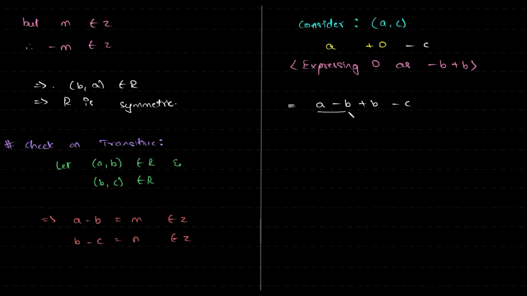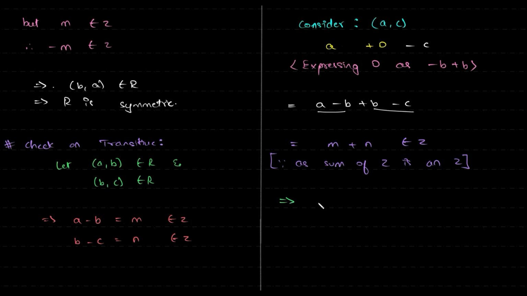Okay. Now a minus b and b minus c will result in an integer, is it not? This is m and this is n. So sum of integers belongs to integers. So we can tell that as the sum of integers is an integer, this results in an integer. So from this, what can I tell?